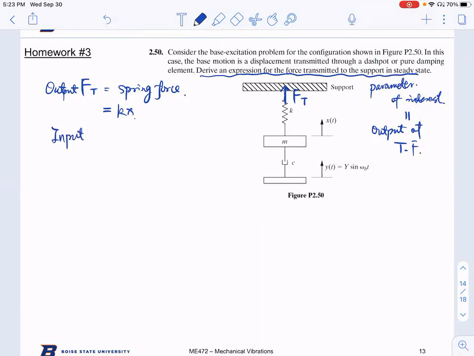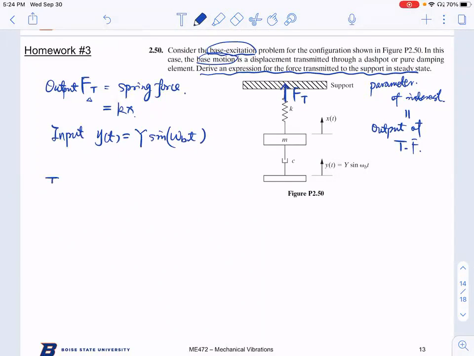Here it's really clear that your input is a base excitation, right? It says that it's a base excitation problem, or base motion. So that means your input is Y(t) equals Y times sine omega base t. We want to find the amplitude of Ft at steady state. Because it's at steady state, we just need to find the transfer function, right?